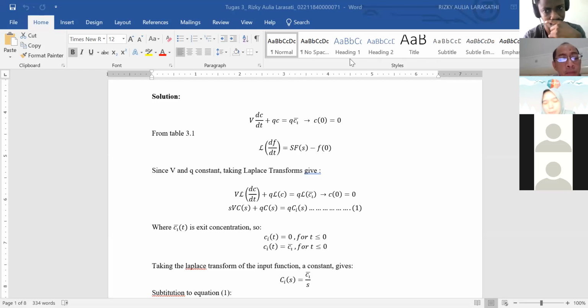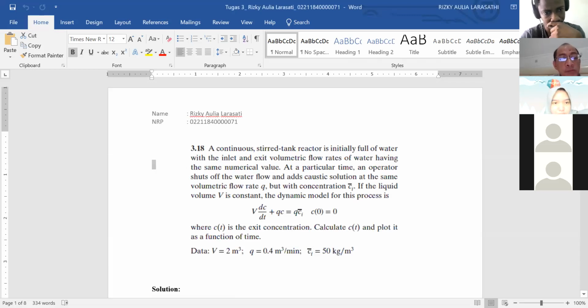Okay, so this is the question of 3.18. A continuous stirred tank reactor is initially full of water, with the inlet and exit volumetric flow rate of water having the same numerical value. At a particular time, an operator shuts off the water flow and adds caustic solution at the same volumetric flow rate Q, but with concentration C. If the liquid volume V is constant, the dynamic model for this process is this equation, where Ct is the exit concentration.